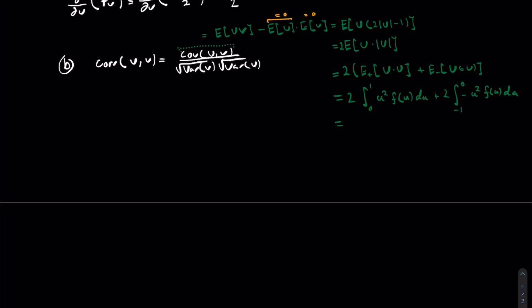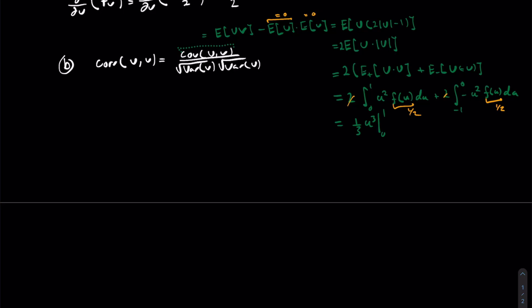And we know that this is a half, and that's a half, so they will cancel these 2s here. What we end up with is 1/3 U cubed from 0 to 1.